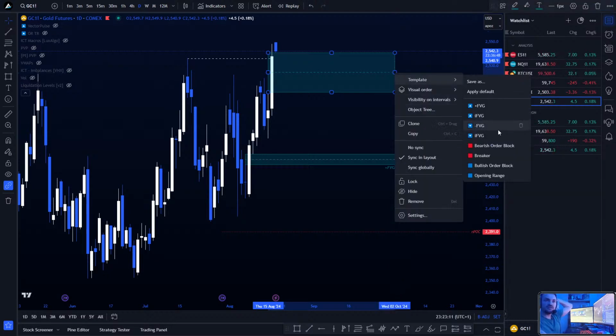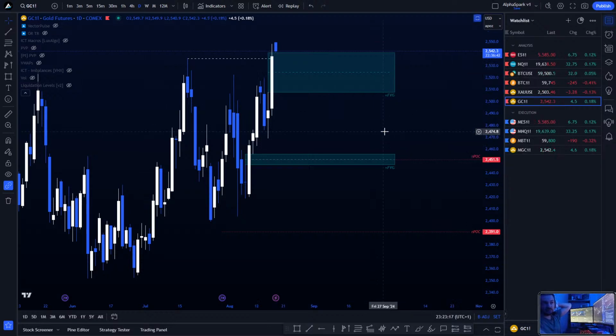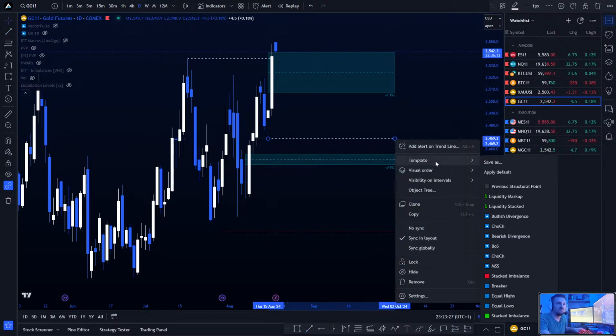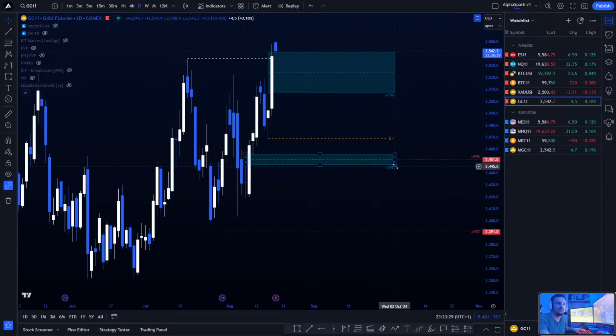This fair value gap is not in discount, sorry. So I would expect it to be completely filled. So our points of interest are that low, that daily FVG, and as a consequence we have this order block.